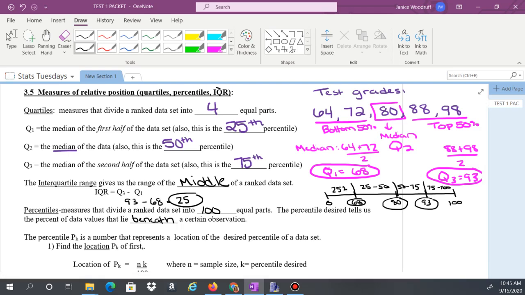So if you score in the 100th percentile, you get the highest grade. If you score in the 50th percentile, again, right in the middle. If there were 100 students and you're in the 50th percentile, 49 or 50 did better, 50 did less. You're right there in the middle.